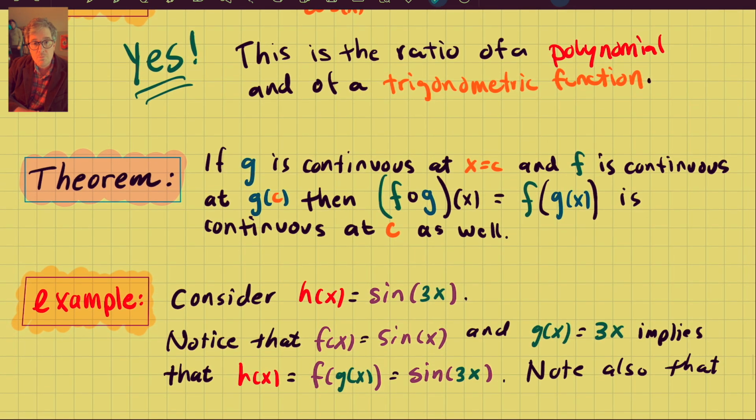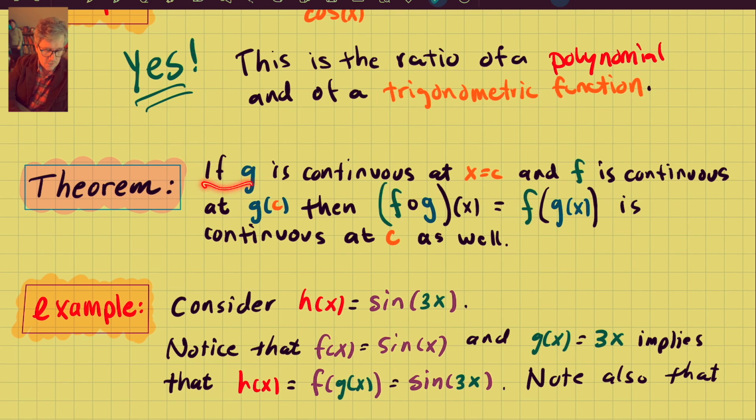So this theorem deals with how do we think about the continuity of composite functions. So compositions of functions. If g is continuous at x equals c, and f is continuous at g of c, then f composed of g, which there's different ways to notate it, you can denote it like this or like this, is continuous at c as well.